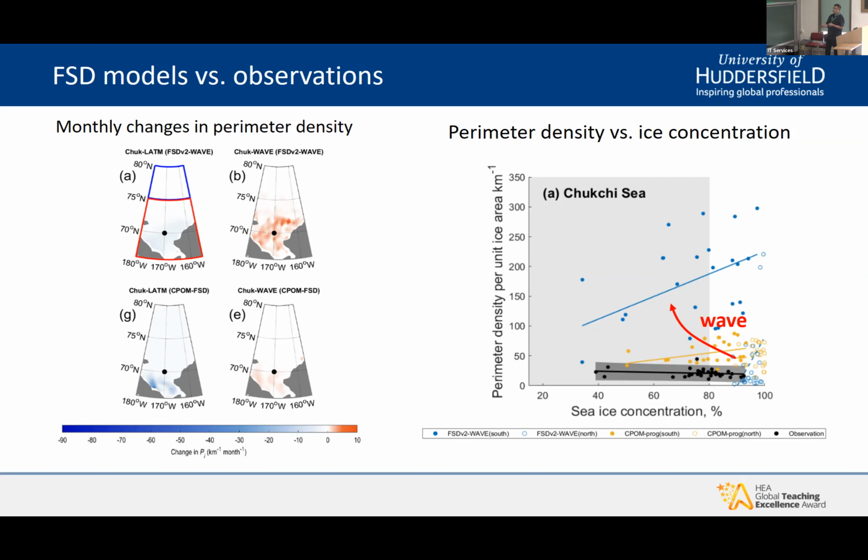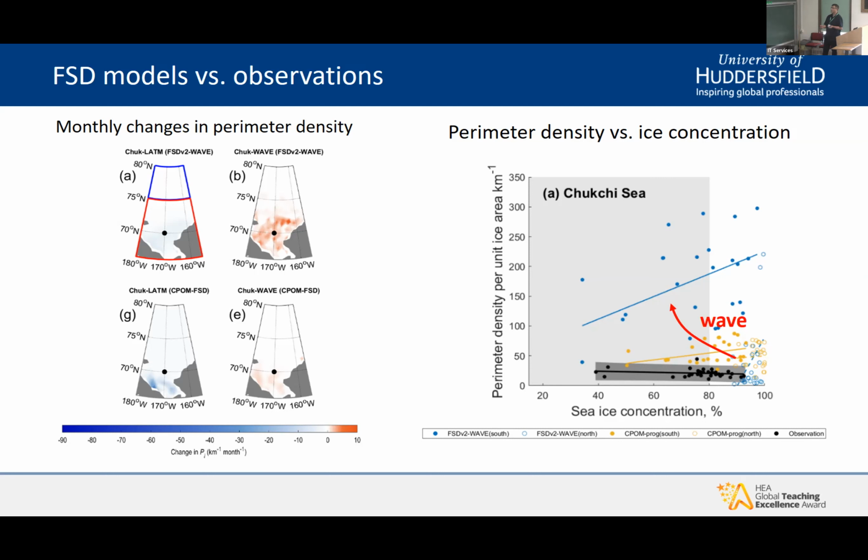The solid dot indicates the southern regions over here. When we compare the actual observation with the model, we see especially the FSD version 2 model is very far off from the observation. And if you look carefully, the perimeter density actually increased with reducing CIS concentration, which is not what we might expect.